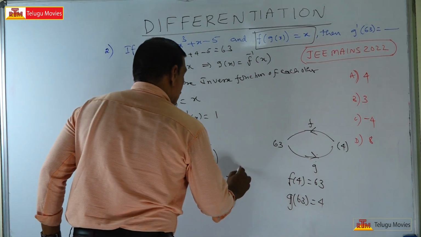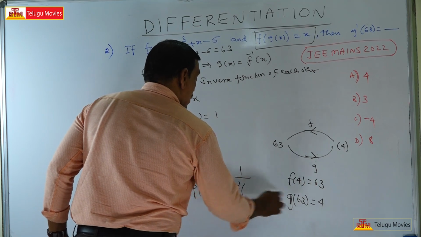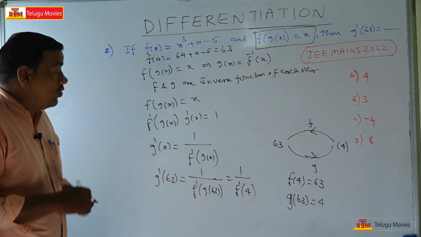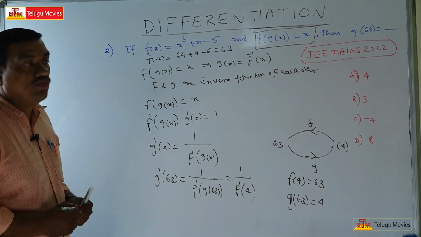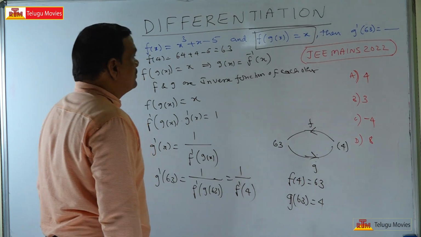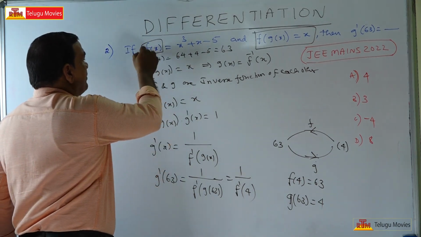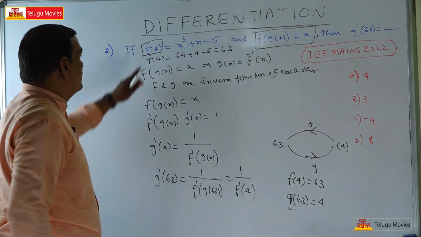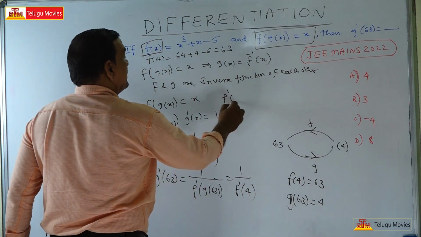Therefore, this is equal to 1 by f dash of g of 63, and the g of 63 value is 4. Now, what is f dash of 4? First find f dash of x.